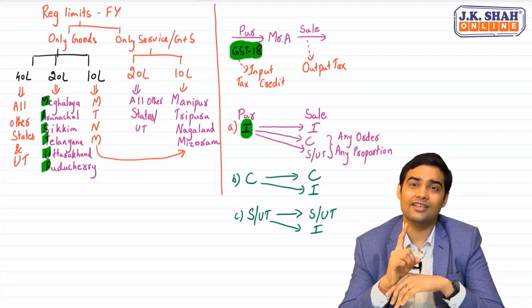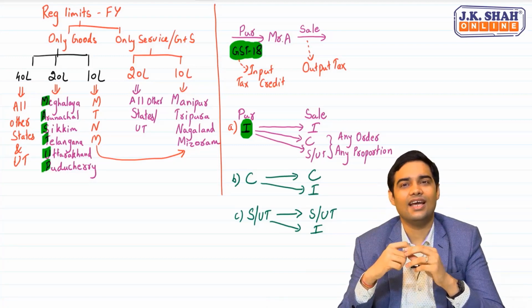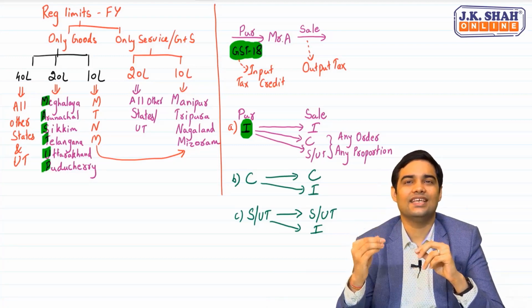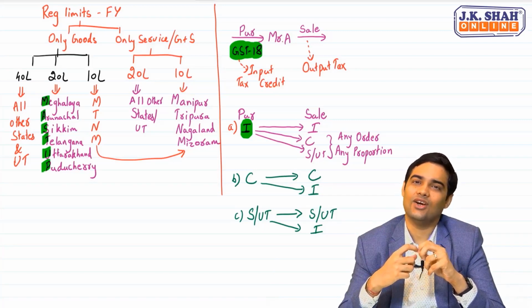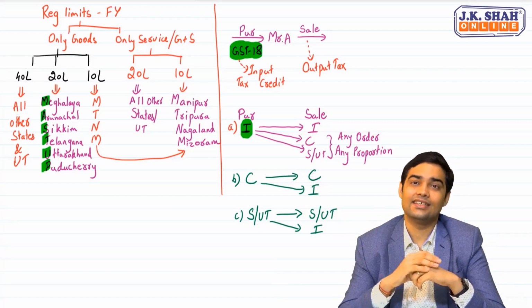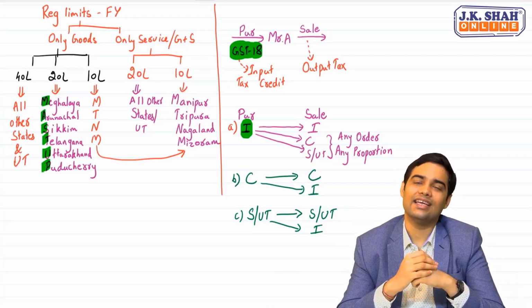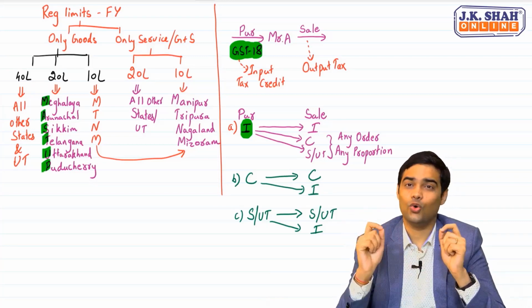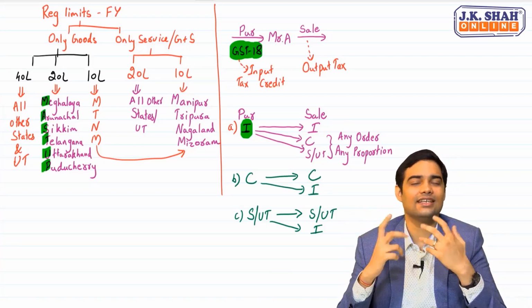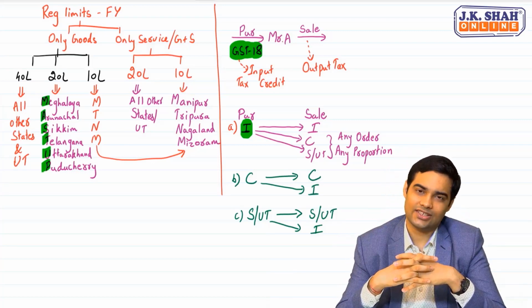And whenever you are utilizing I, first utilize I with I, then I with C or S, and only then move towards ITC of C and S. C has to be first used against C, then C with I, S with S, and then S with I. Don't forget this order of utilization, very important for any computation related question.